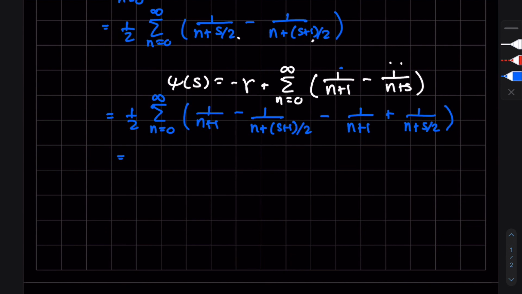But you can clearly see this is finally going to evaluate to 1/2 digamma of s plus 1 over 2, just plugging it into this definition, minus the digamma of s over 2.